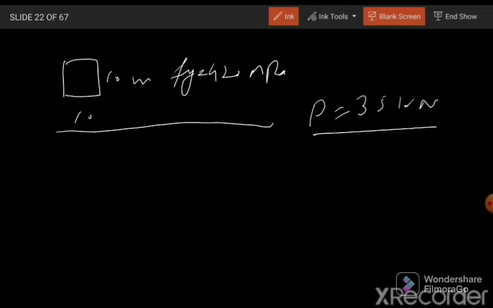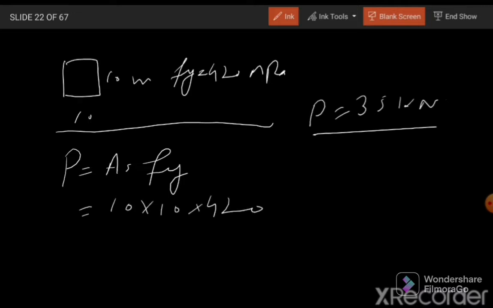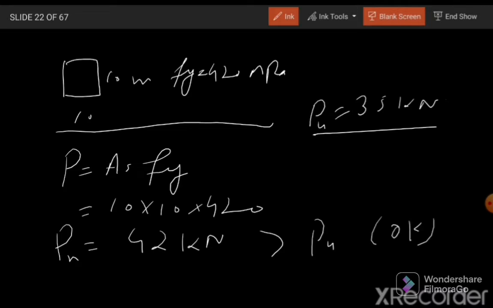So its capacity P is equal to As into Fy. So As is 10 by 10 and Fy is 420, so it will be 42 kilonewton. So the nominal capacity is 42 kilonewton and the applied load is 35 kilonewton. So it is greater than Pu, the applied load. So it means our section is okay.